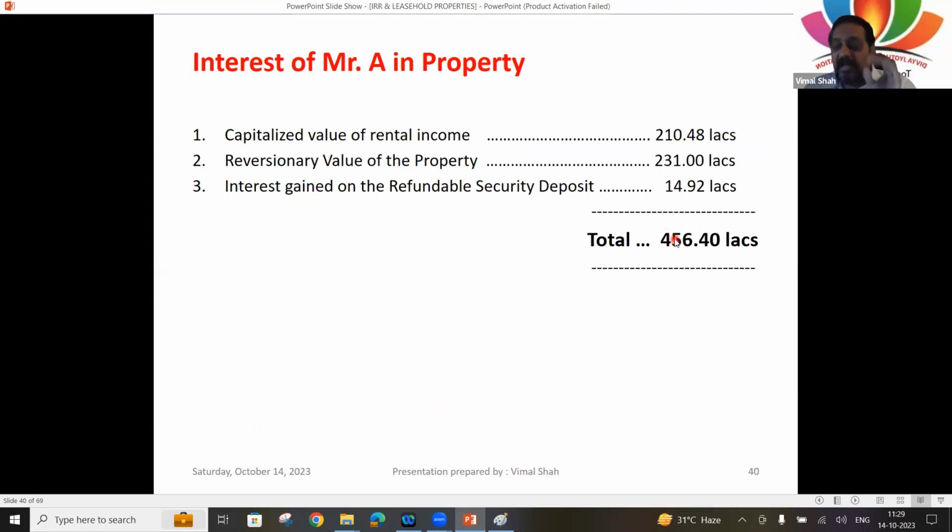In that case, I would not have given a valuation of even 3 crore rupees for the interest of Mr. A in the property. So his value will depend a lot on what rental income he is getting from this property.